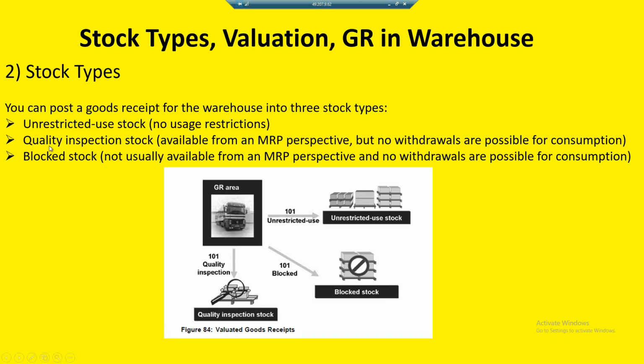So we can use the stock available in unrestricted use. After quality inspection is done, we can do the transfer posting from quality inspection to unrestricted stock, and we can use it. Blocked stock also, we can transfer from blocked stock to unrestricted use stock. These transfer postings I'll let you know in subsequent videos.